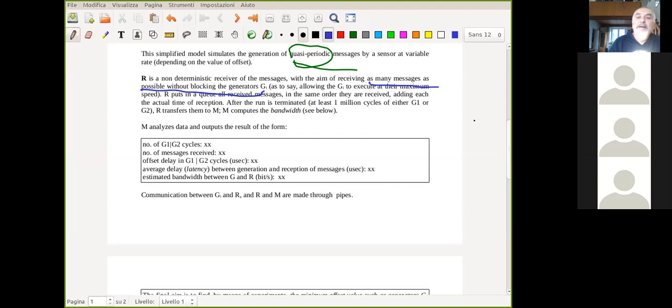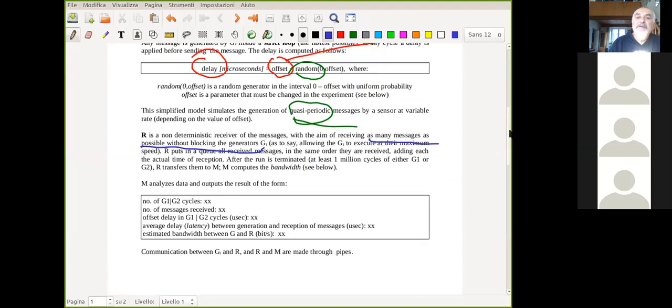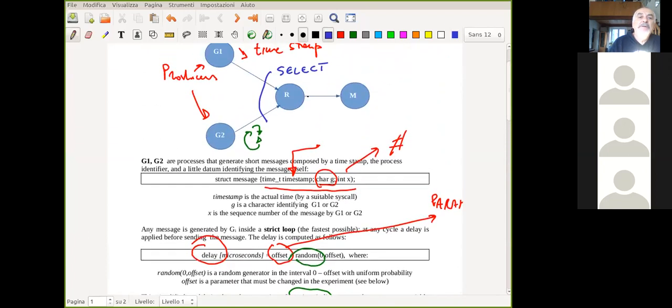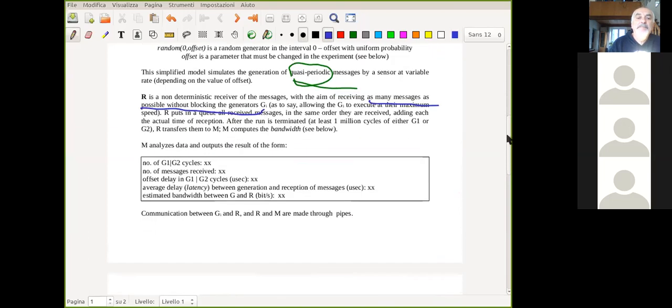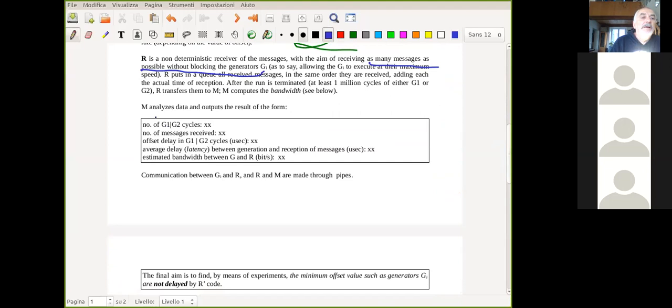And after you have received all data, you send all the data received to M. This is the output of M, on the screen or on a file.